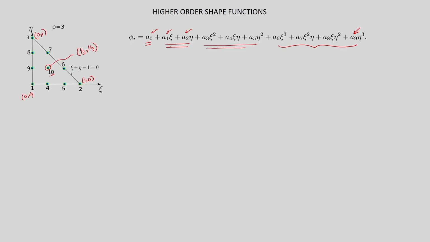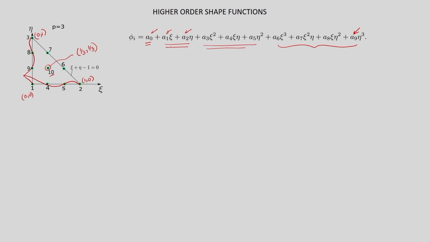Now how can we construct the shape functions? We can define the phi i's as usual. We can say that phi 1 is 1 at node 1 and it is 0 at all other nodes. So if I follow the xi direction, it looks like this, and the eta direction it may look like this.